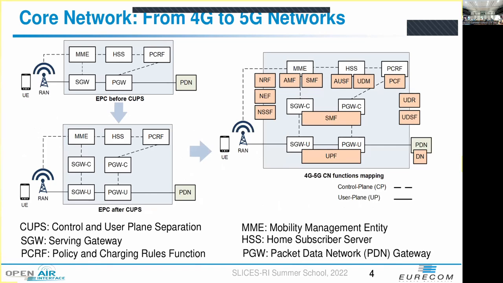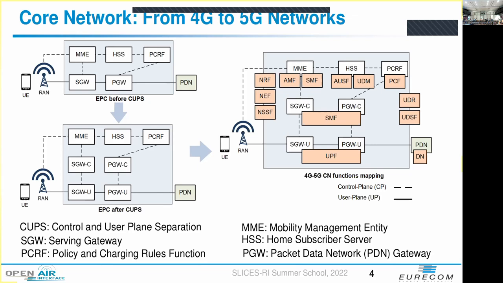So let's start with the 4G core. Maybe some of you already know about 4G, so we start from the traditional EPC, and then the control and user plane separation. In the traditional EPC, you have MME, HSS, S gateway, and P gateway forming the components.